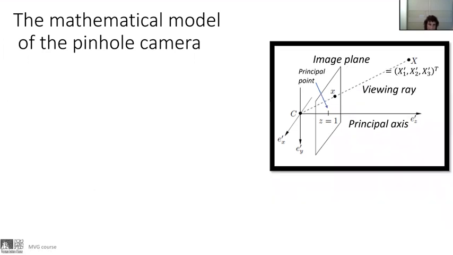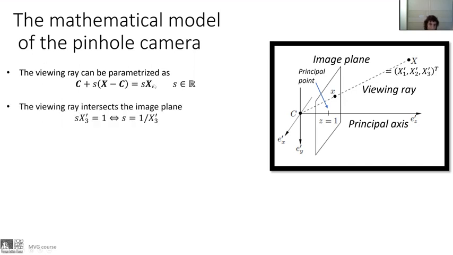Now, let's try to model mathematically the projection of X on the image plane. We can parameterize the viewing ray by C plus S, which is a scalar, times X minus C. Since C is exactly 0, we get here S times X. Now the viewing ray intersects the image plane exactly here.